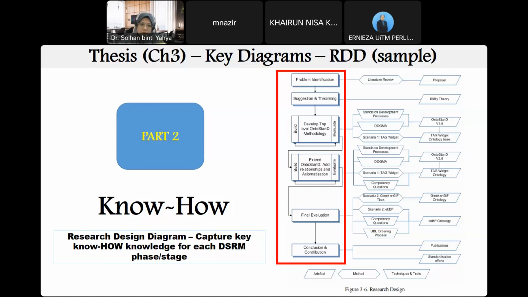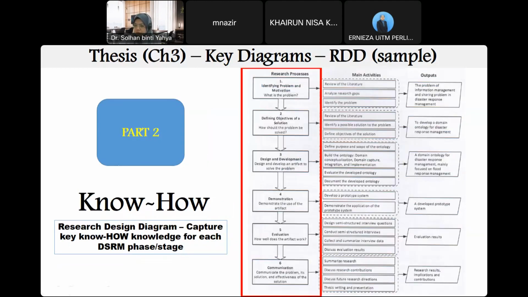Okay. In this case, this is an example I took from an overseas thesis. The red circle here is the design science research methodology framework, and on the other side are the activities. Okay, the know-how knowledge for each stage of the design science research, right?